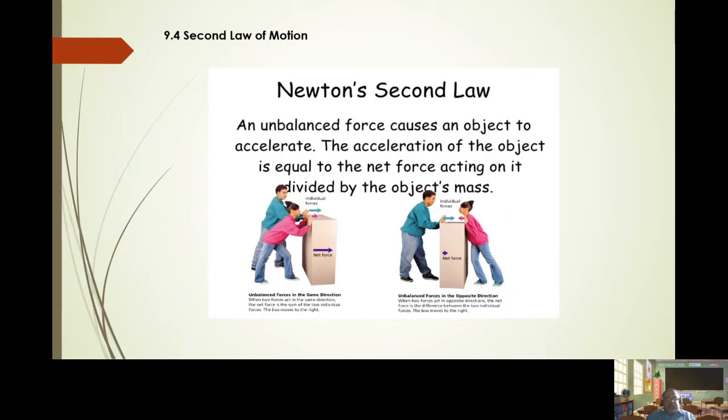So Newton's second law, in short: an unbalanced force causes an object to accelerate. The acceleration of the object is equal to the net force acting on it divided by the object's mass.